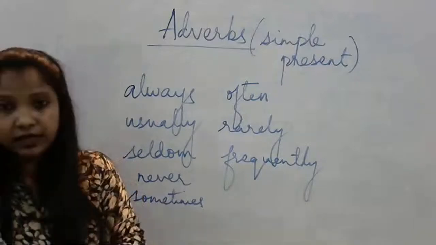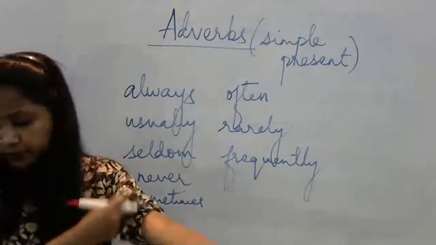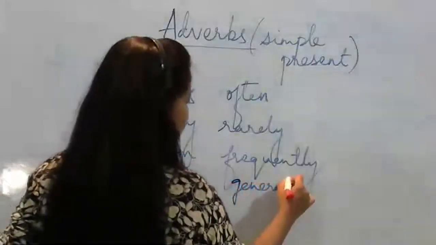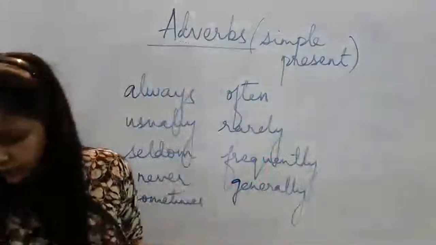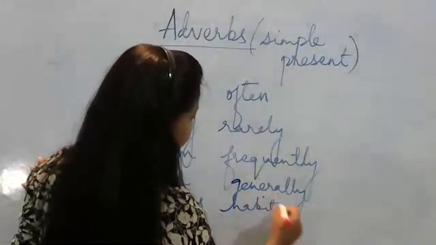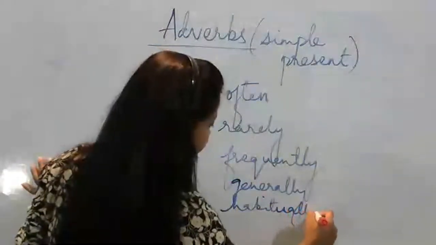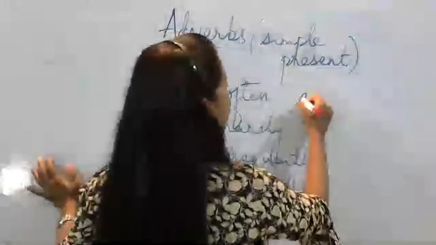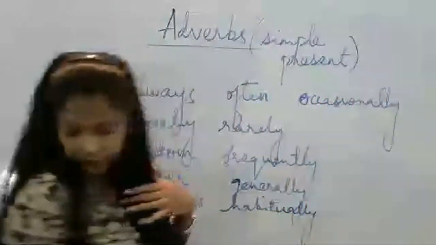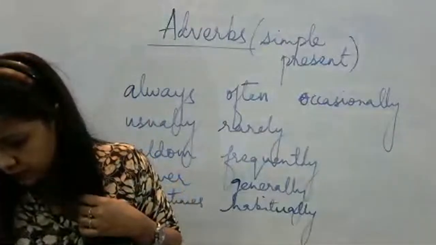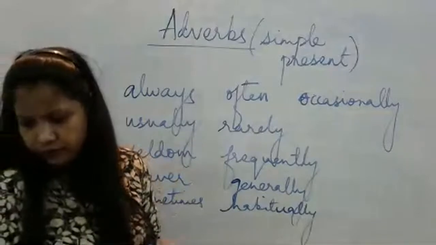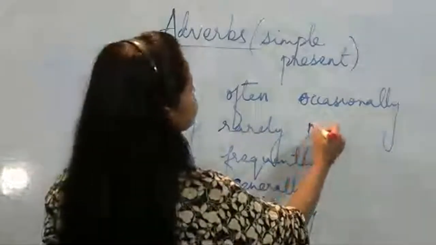Yes, Sanvi, your example is correct. The girl is walking slowly. Generally, habitually, occasionally, normally.